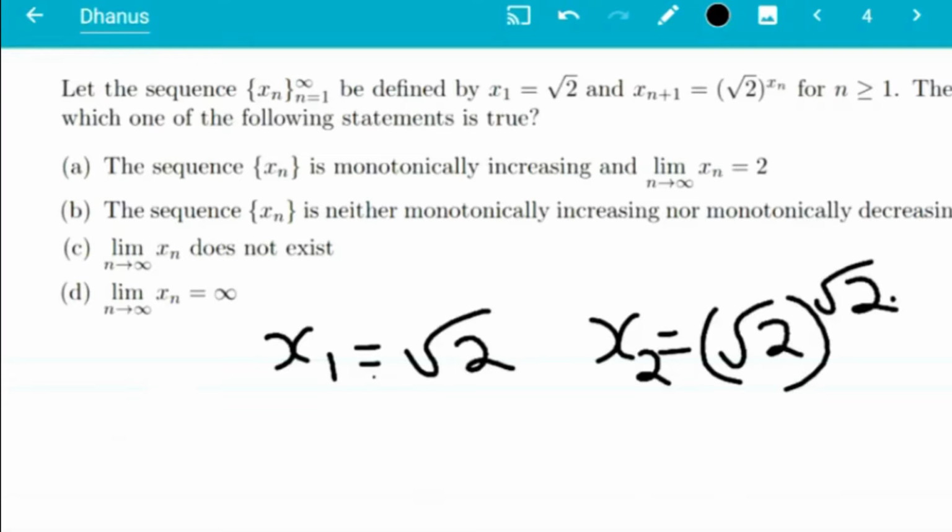From the first assumption, we can say that x1 is less than x2. Now we can prove that the sequence is monotonically increasing.